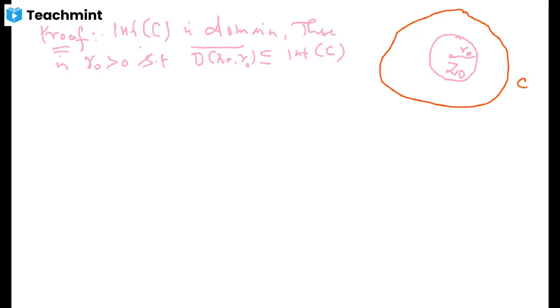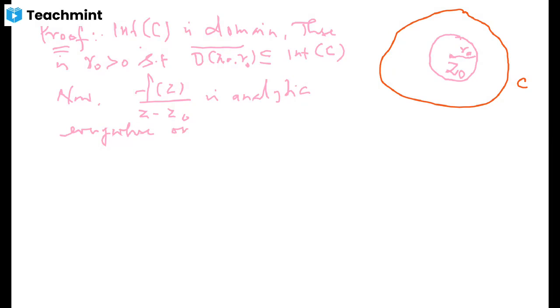Now, this function f(z) upon z minus z naught is analytic everywhere, meaning in the region under consideration.